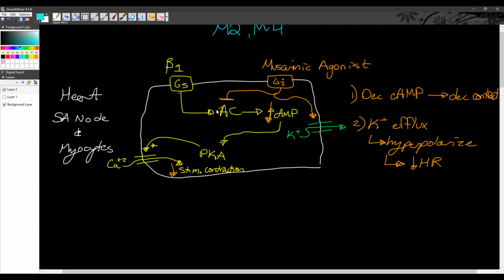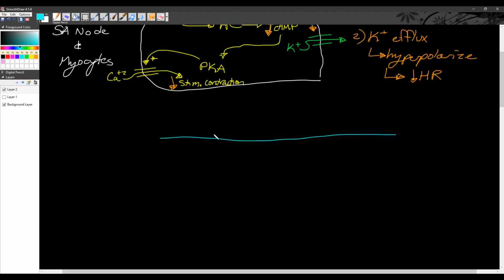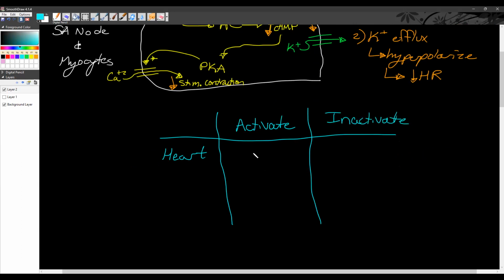So finally, when we talk about the muscarinic drugs, when we talk about the heart, when we activate M2 and M4, activating M2 and M4 on the heart is going to cause decreased heart rate, decreased conduction velocity, and decreased contractility.